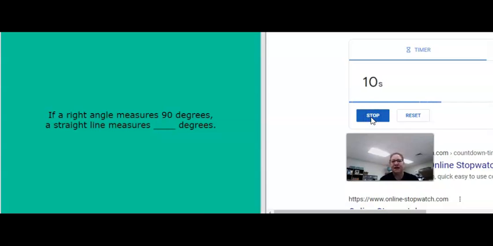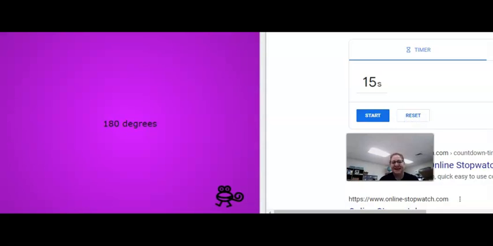If a right angle measures 90 degrees, a straight angle measures blank degrees. Yes, 180 degrees.